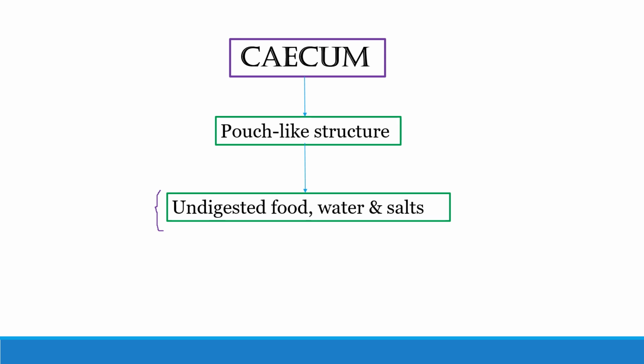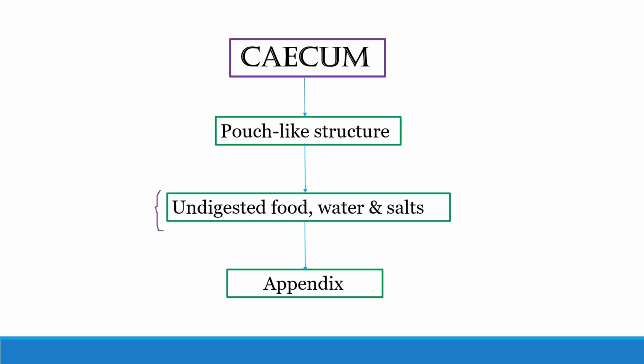ठीक है, but the final waste is actually going to be prepared within this portion, and attached to this portion is a small finger-like structure that is known as the appendix, जो कि obvious appendix that we had in the last image as well, but we didn't focus on that, but obviously we need to highlight this portion as well.